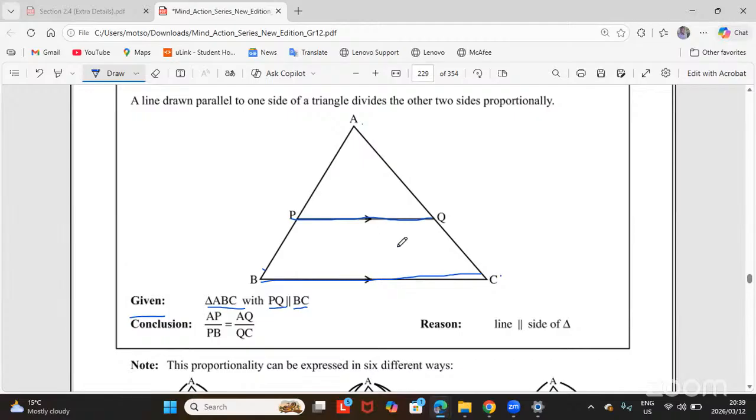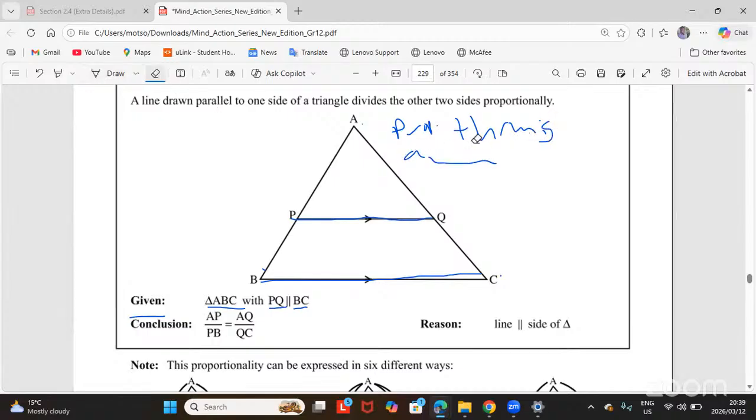So since this line is parallel to this line, the proportionality theorem is now applicable. Now, if the proportionality theorem is applicable, this is how it works.